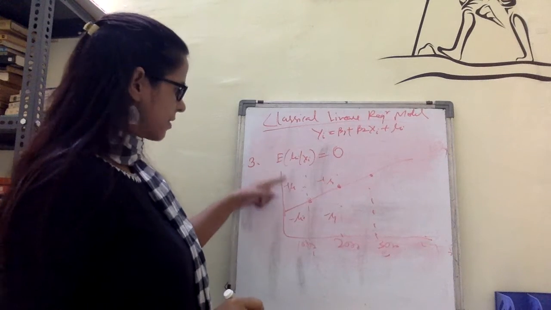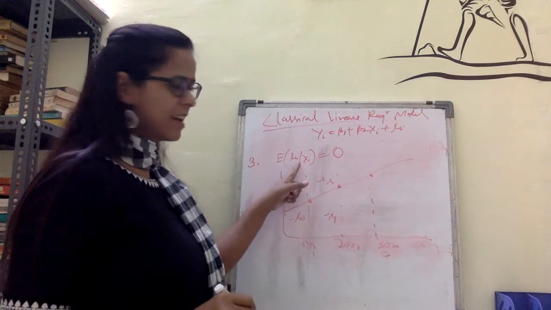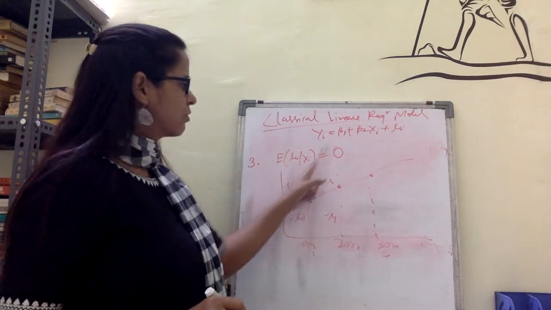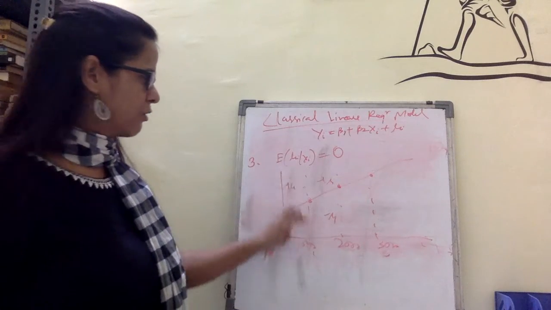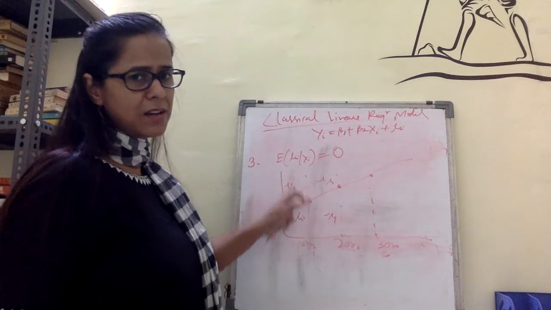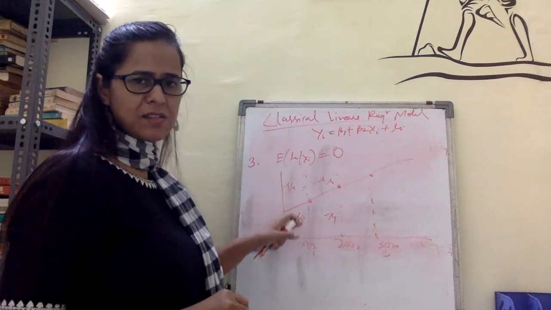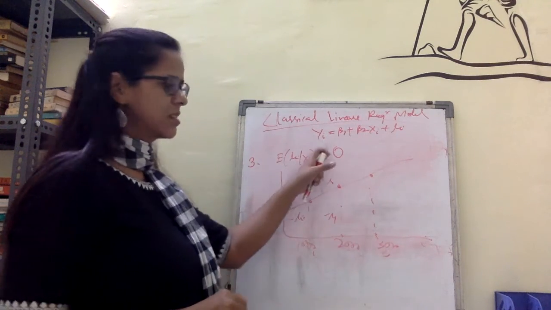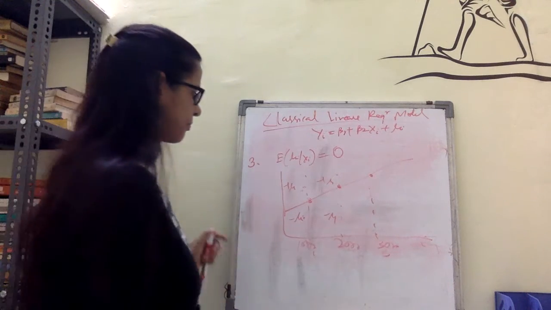If you take the summation of all these, the positive ones will cancel out the negative ones, and therefore it is 0. They will become 0 if you take the average value. If you take the average value of all, you have to sum and then divide. So in summation, the plus 1 will cancel out the minus 1, and that's why it becomes 0. I hope I am clear with this assumption also.